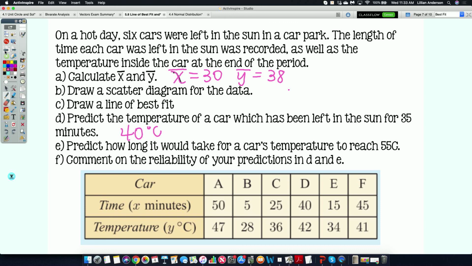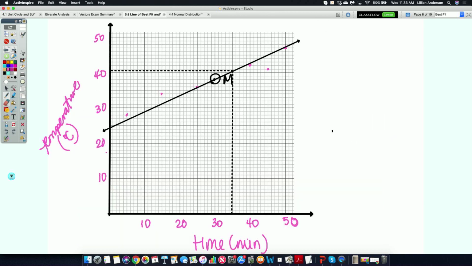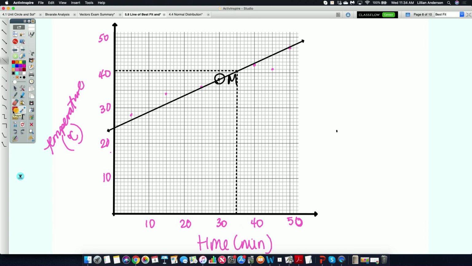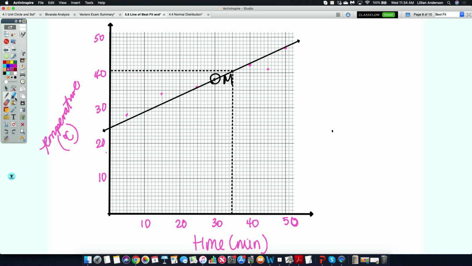Now, the next question says, predict how long it would take for a car's temperature to reach 55 degrees Celsius. Okay, there should have been a degree Celsius there. So now I do the opposite, and so this time I'm coming from the y-axis. Oh, geez, so I'm going to have to extend this a little bit.